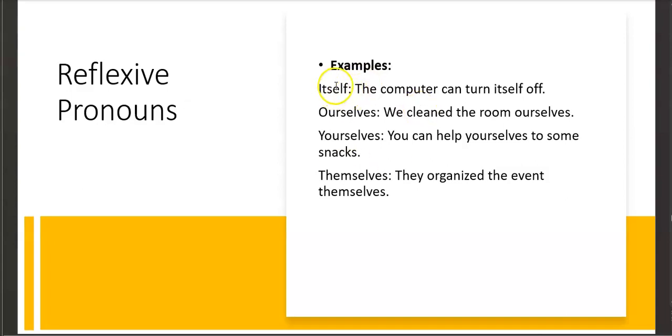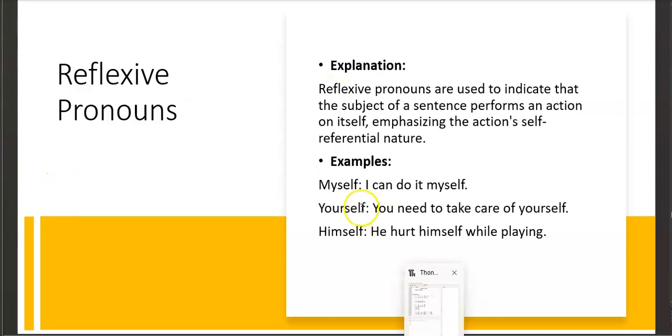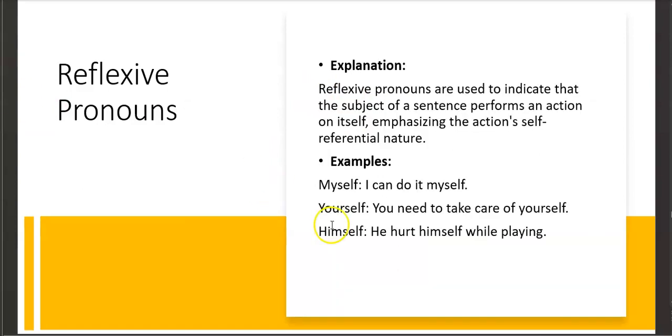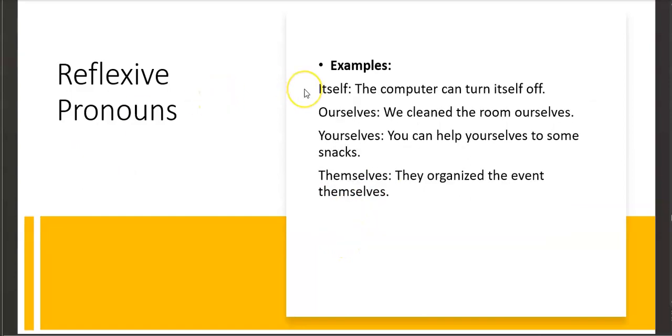Sorry, let me repeat this. So when we talk about myself, yourself, and itself here, we're talking about the singular form. Myself, himself, yourself, itself. That is the singular form of the reflexive pronouns.